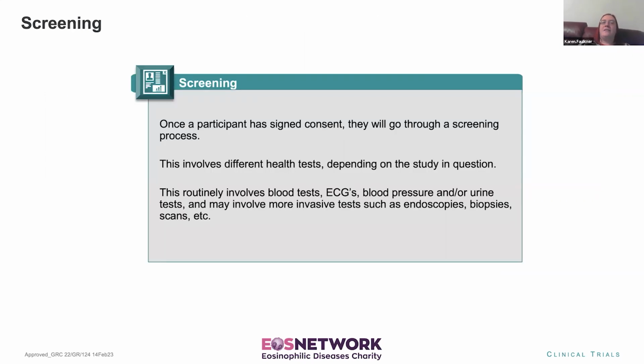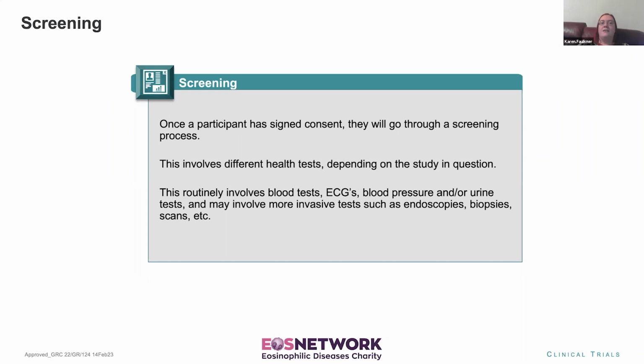So once you've actually signed the consent form, then you go through the screening process for the study. So that is where I assess whether or not you are the right participant for the trial, and also importantly, whether the trial is the right thing for you. It will involve a number of different tests depending on the study, and they vary significantly in complexity.